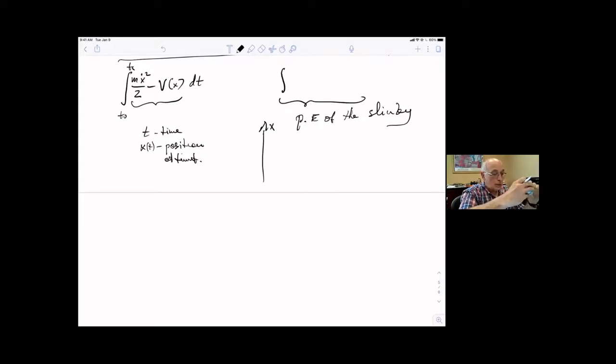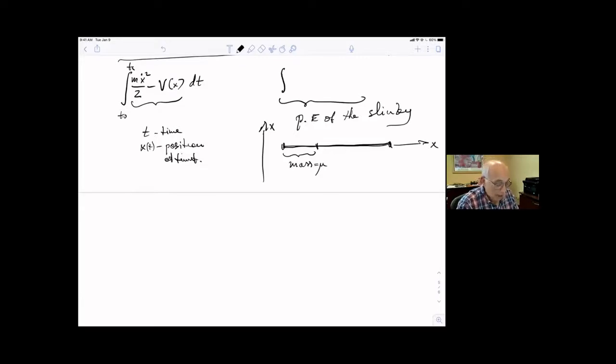So here's the piece of this string. This is the whole string, right? X is the vertical direction. And here I measure the mass of this piece as, let's call it mu, so that we remember.